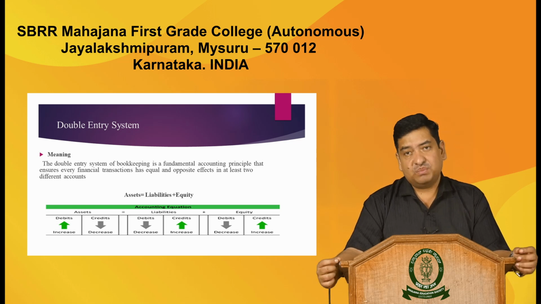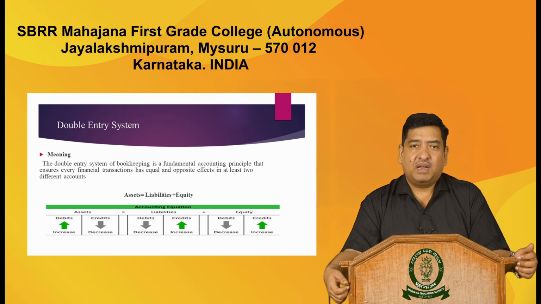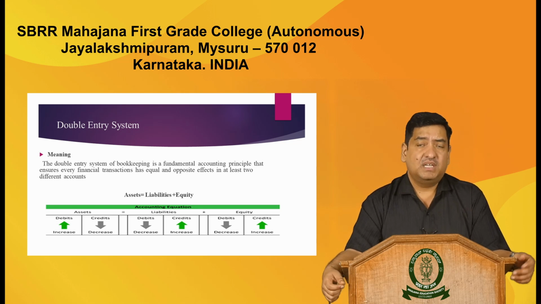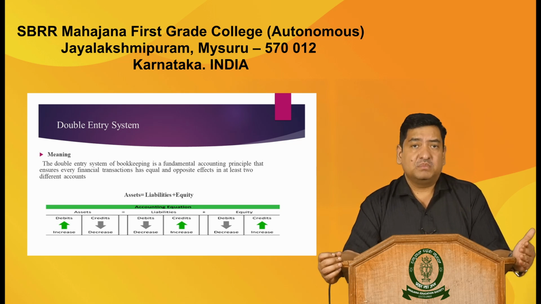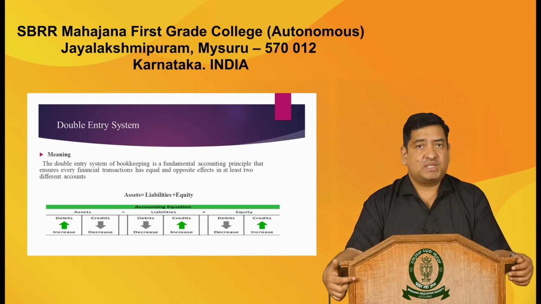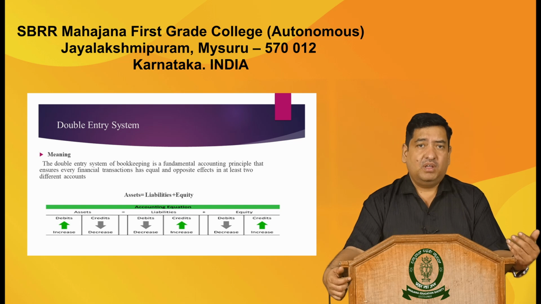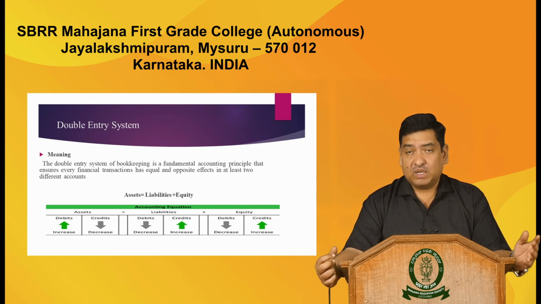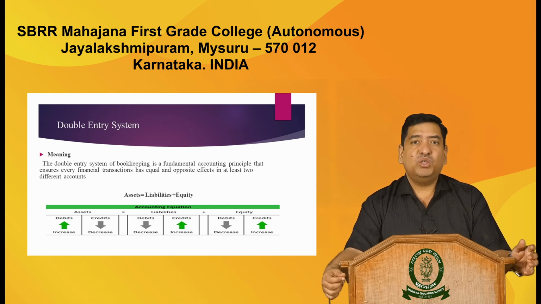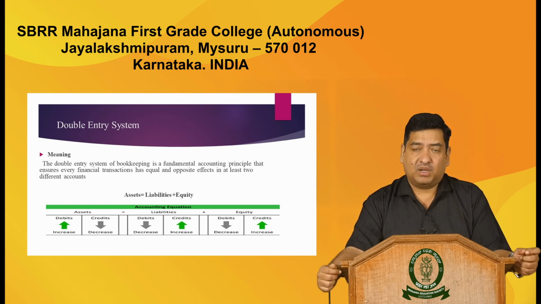So the double entry system of accounting, dear students, you people have been listening to this concept from the day you became a commerce student. That means to say, once you get into the 11th level or the 12th or your degree, your accounts faculty might have told you what exactly you mean by a double entry system of accounting.